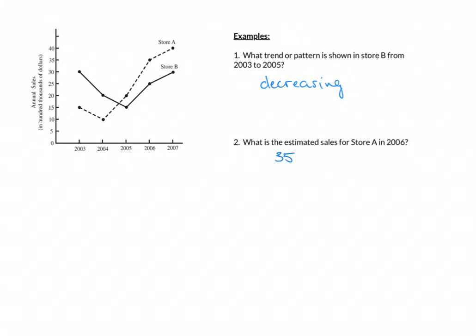If you look at the side of your graph, it says annual sales in hundred thousands of dollars. So that means that this is actually 35 times 100,000. If we go ahead and multiply that, I have 35 followed by 5 zeros. And so that should actually be $3,500,000.